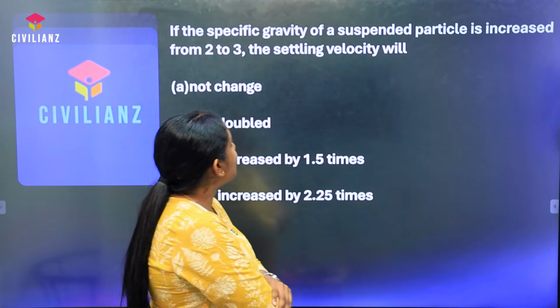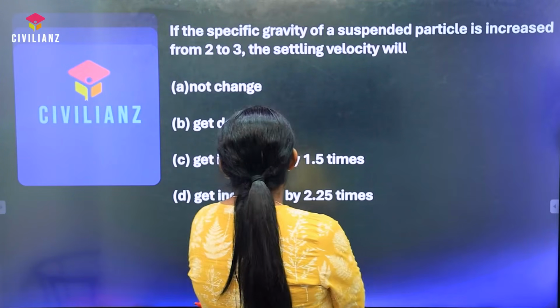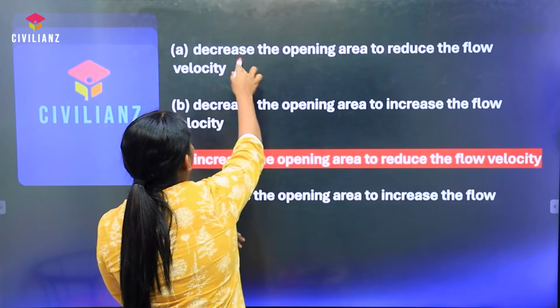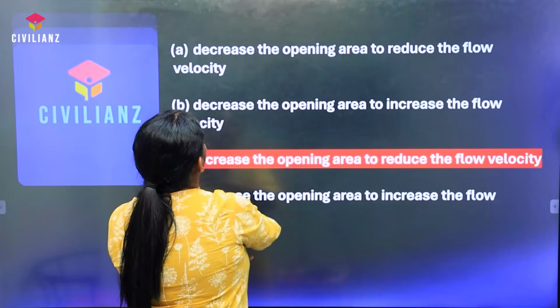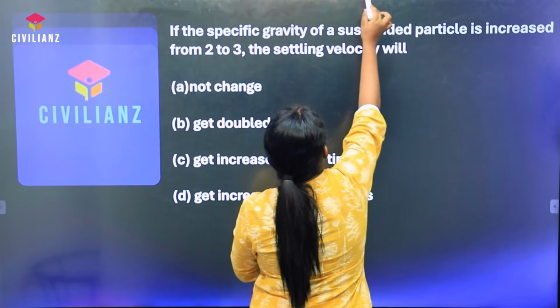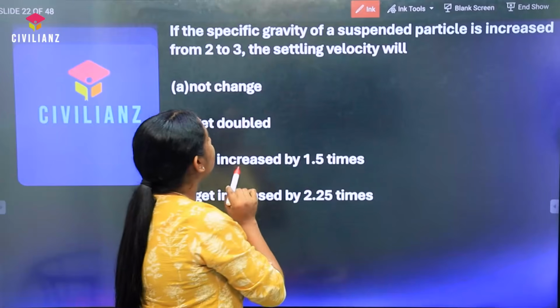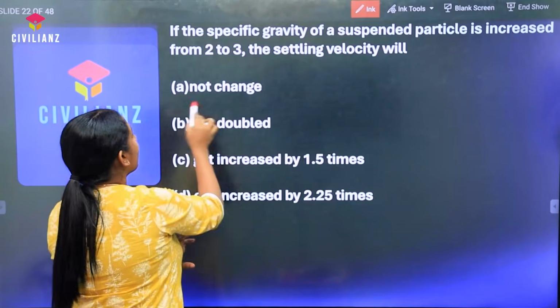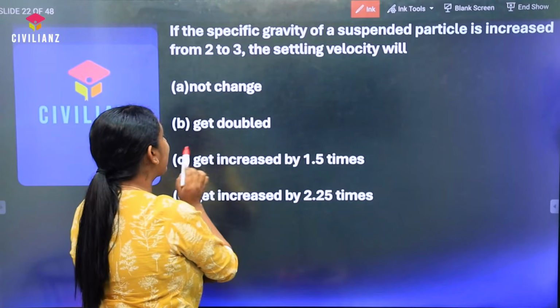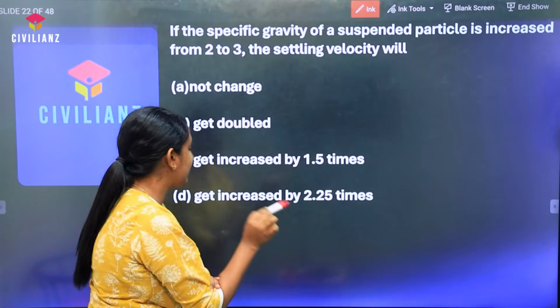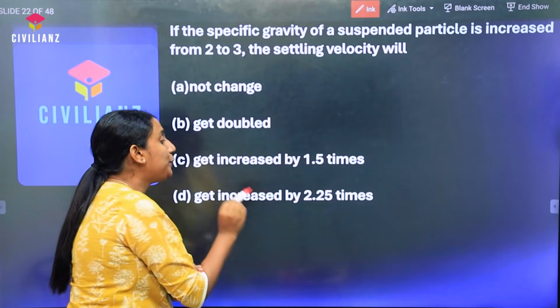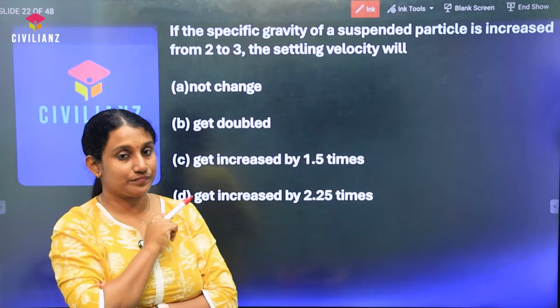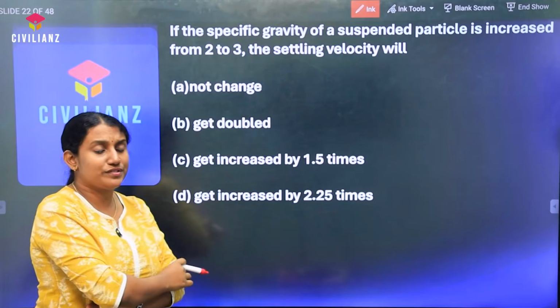If the specific gravity of a suspended particle is increased from 2 to 3, the settling velocity will: not change, get doubled, increase by 1.5 times, or increase by 2.25 times. Actually, it's a very simple question.